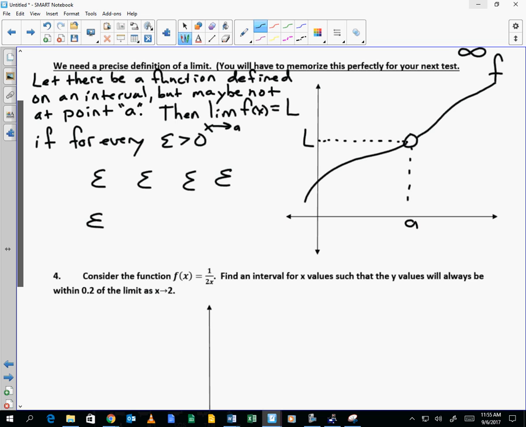I'll show you what it is. So epsilon is going to be the y value of our window. For example, this distance right here is going to be epsilon. So this would be L plus epsilon. And then we'll pick a spot down here. This would be L minus epsilon.